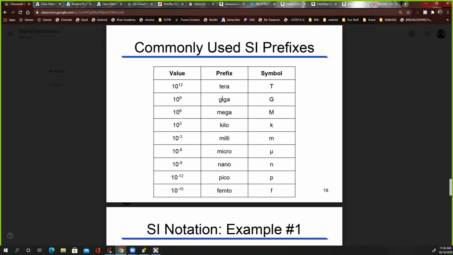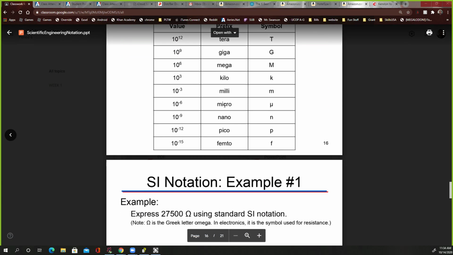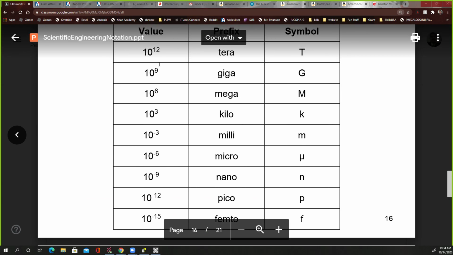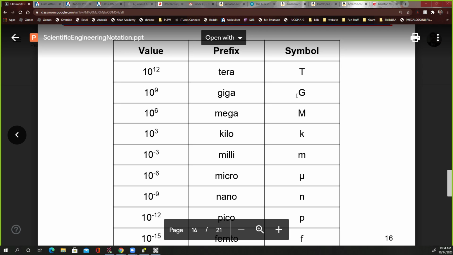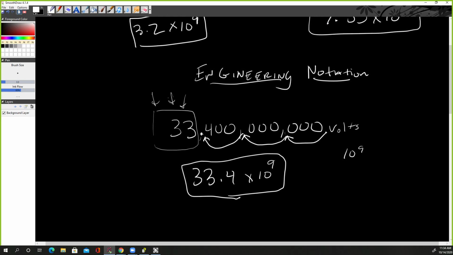Let me zoom in so you can see that. There we go. 10 to the ninth is giga. So it actually has a name, and that's why we use it, by the way.